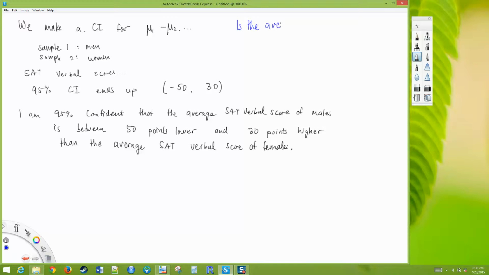Is the average verbal SAT for boys different from the average verbal SAT for girls?